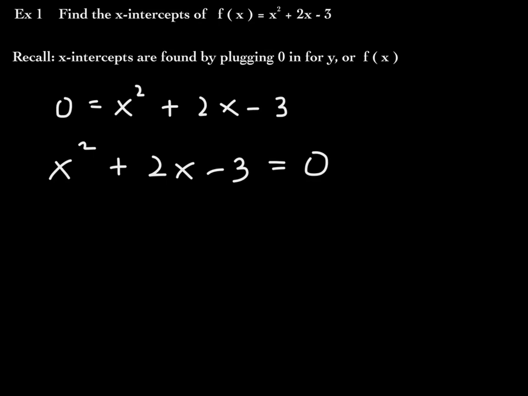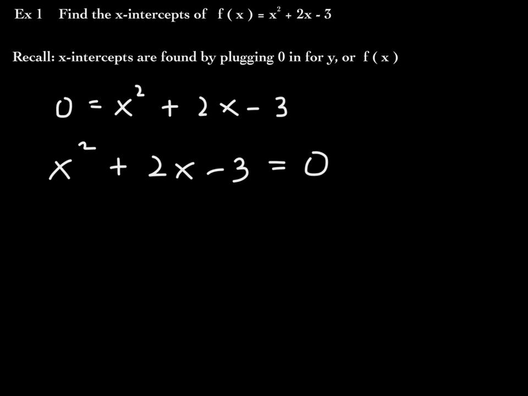Now, how you solve this, you have a few options. This is called a quadratic trinomial, because it's 3 terms. Tri meaning 3. 1, 2, 3. Whenever a trinomial factors, I prefer to use factoring to solve. So let me illustrate that now.